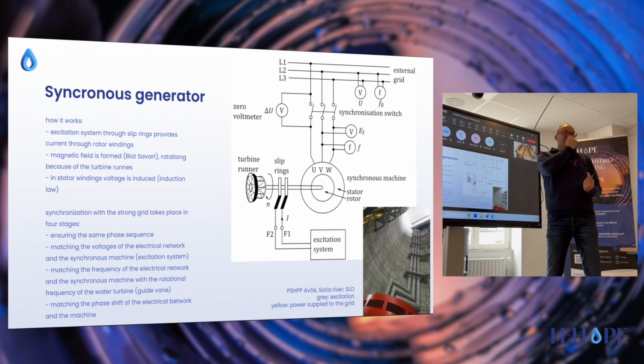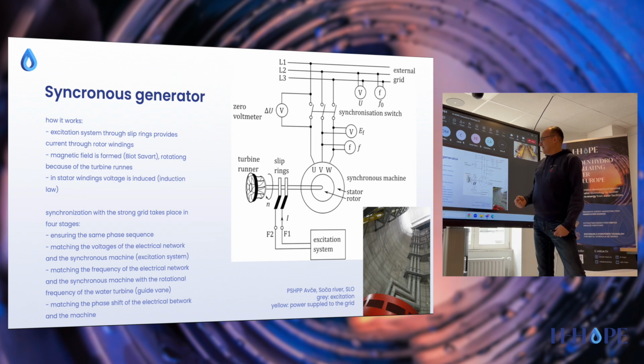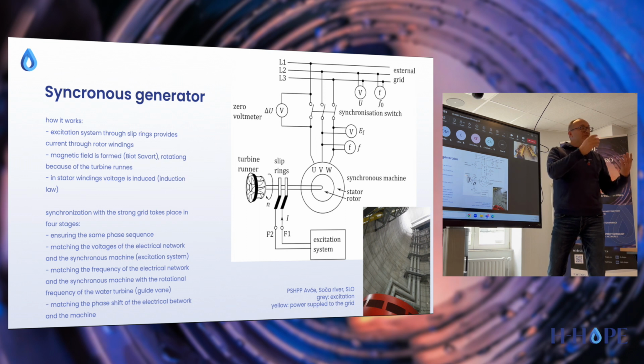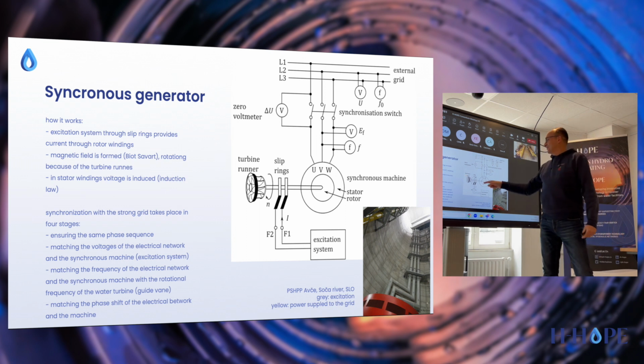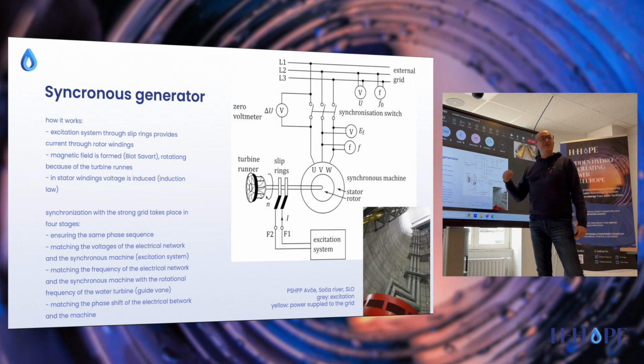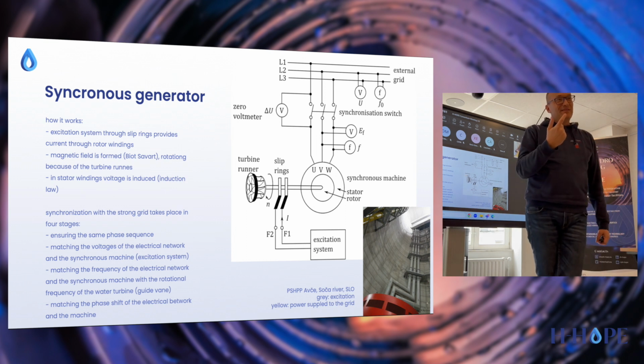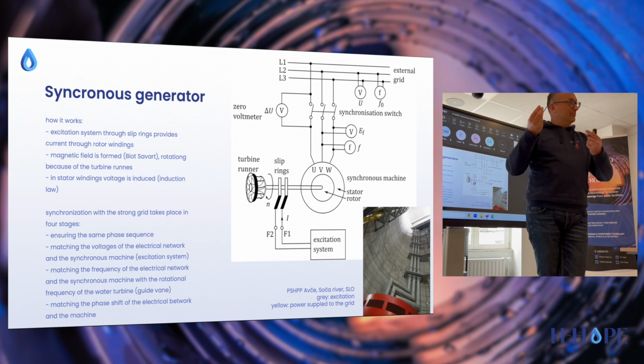So the excitation system provides the old-fashioned DC current to the rotor. So you always have a current flowing through the windings, and the current provides a magnetic field around it according to what we call the Biot-Savart law.